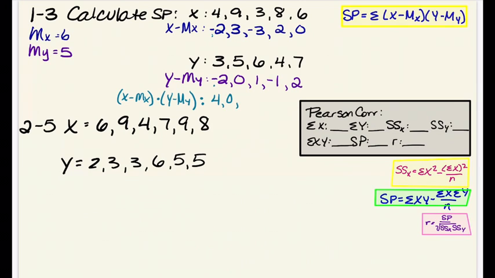Negative 3 times 1 is negative 3. 2 times negative 1 is negative 2. And 2 times 0 is 0. Finally, we'll add all of these products together to find the sum of products of deviations, or SP. And in this case, we get a value of negative 1.